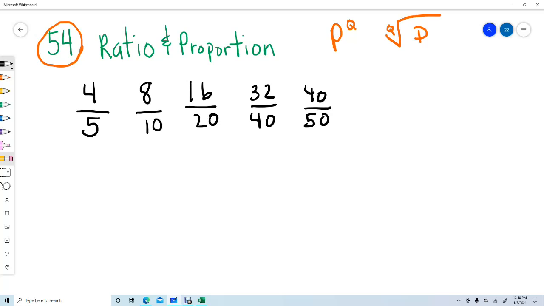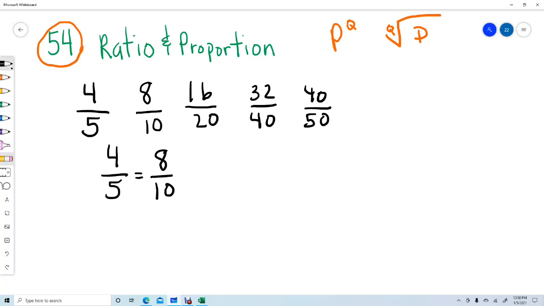They're equivalent fractions. 4/5 would be considered the reduced fraction for these other fractions. It would be the most simplified fraction, but we can still call them equivalent fractions. So 4/5 really is equal to 8/10, and that is a true statement.